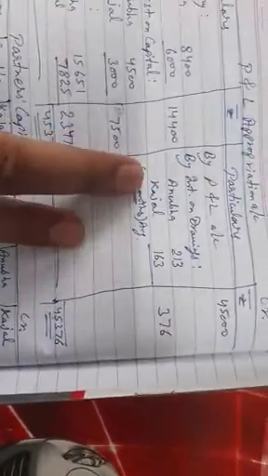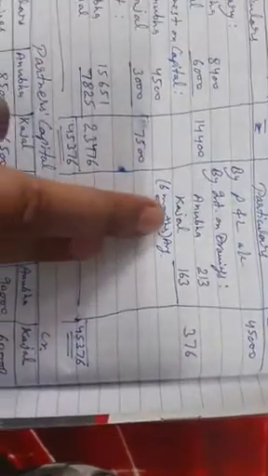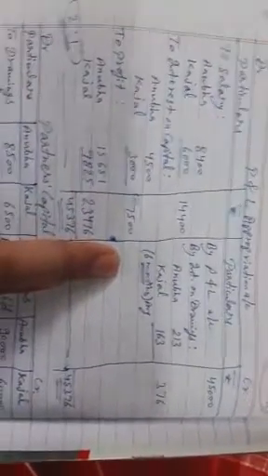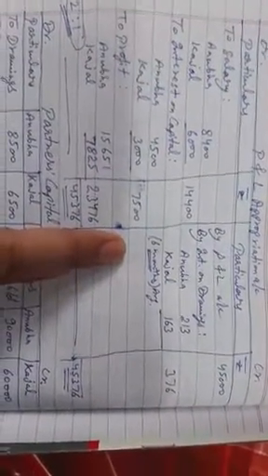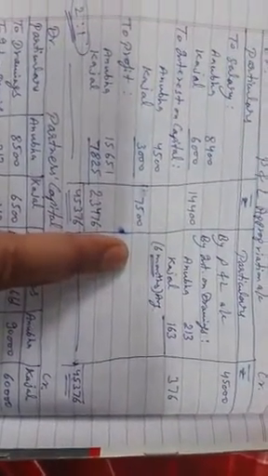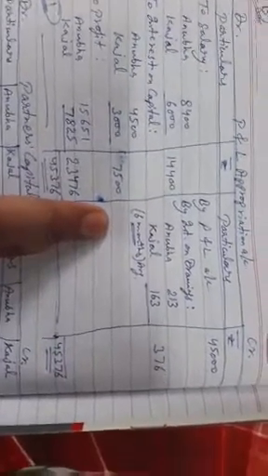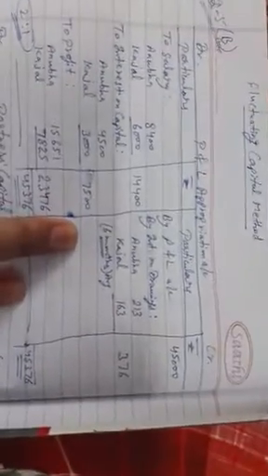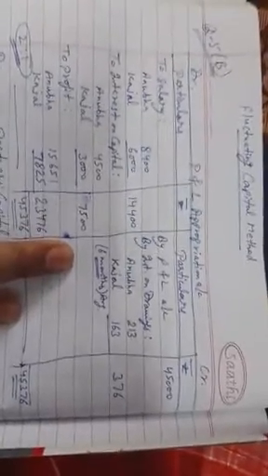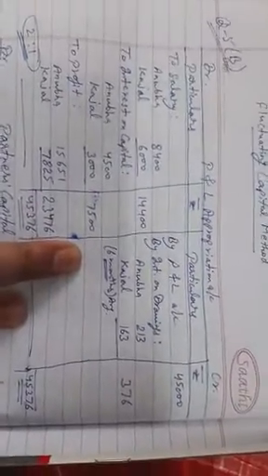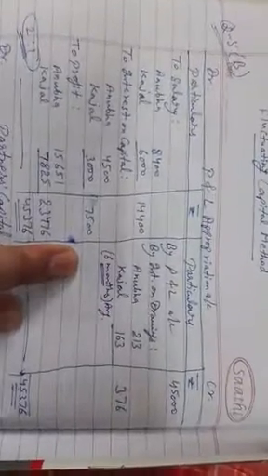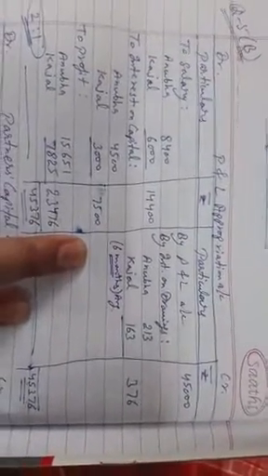And interest on drawings. As far as interest on drawings is concerned, for Anubha the drawings are rupees 8,500, and for Kajal rupees 6,500. However, the dates of drawings are not given. In such a situation, when the dates of drawings are not given, the interest on drawings is calculated for 6 months on average.